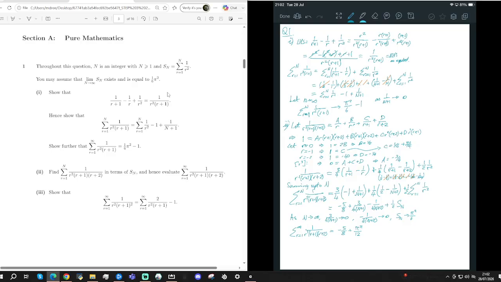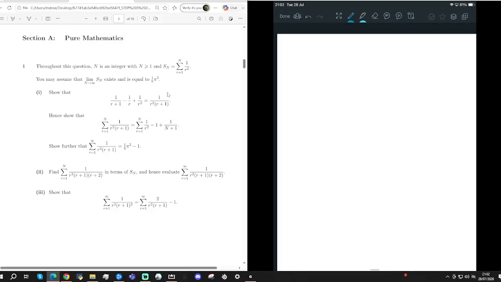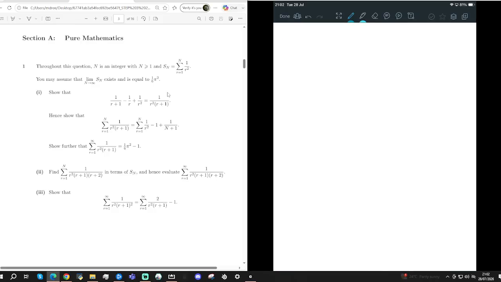So now part 3. We're now trying to show another sum is linked to another sum. Well, the right-hand side is actually something we've already dealt with. It can be written as 2 lots of the infinite sum from 1 to infinity of 1 over r squared, r plus 1, minus 1.